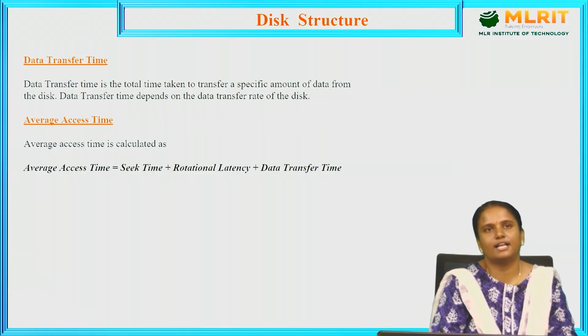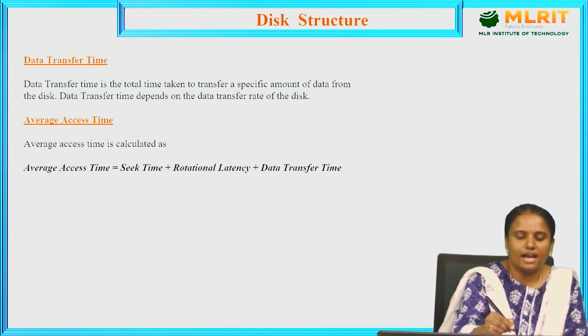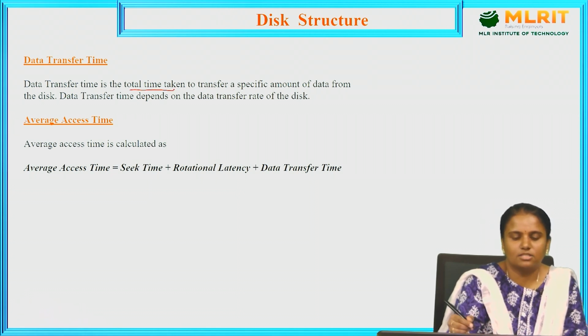And data transfer time: how are we going to calculate it? The data transfer time is the total time taken to transfer a specific amount of data from the disk.